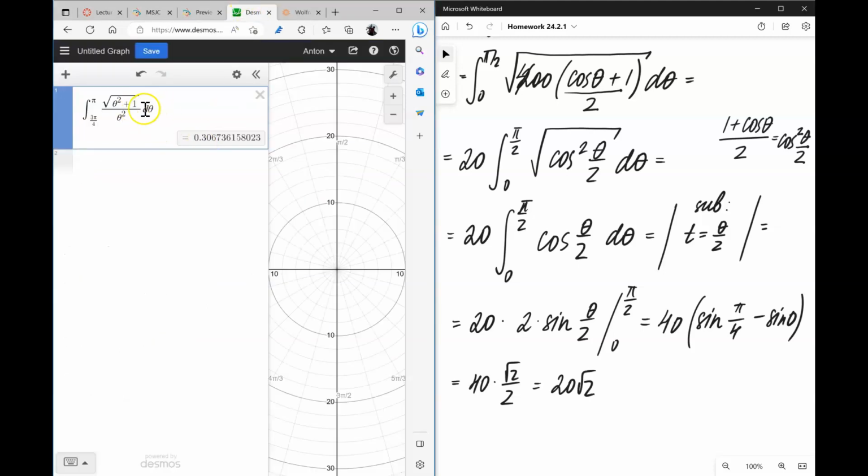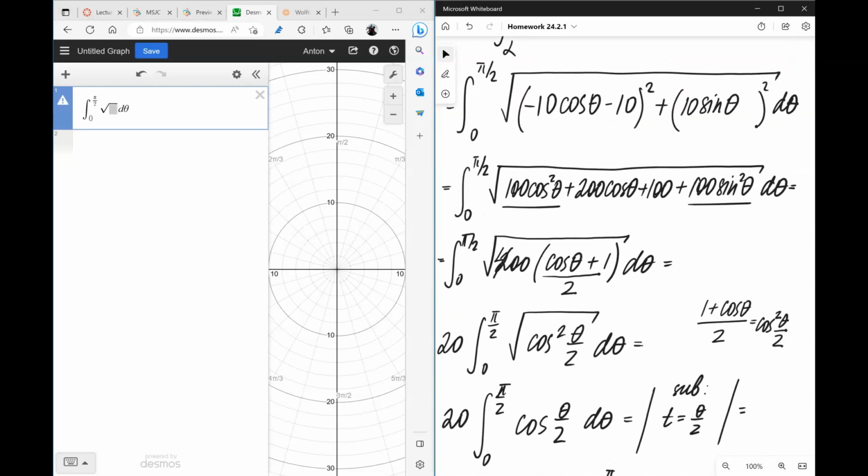Before we plug it in, we don't have to risk anything. We can just check our work. So let me just type this function here. We have square root of, let's just literally type that.